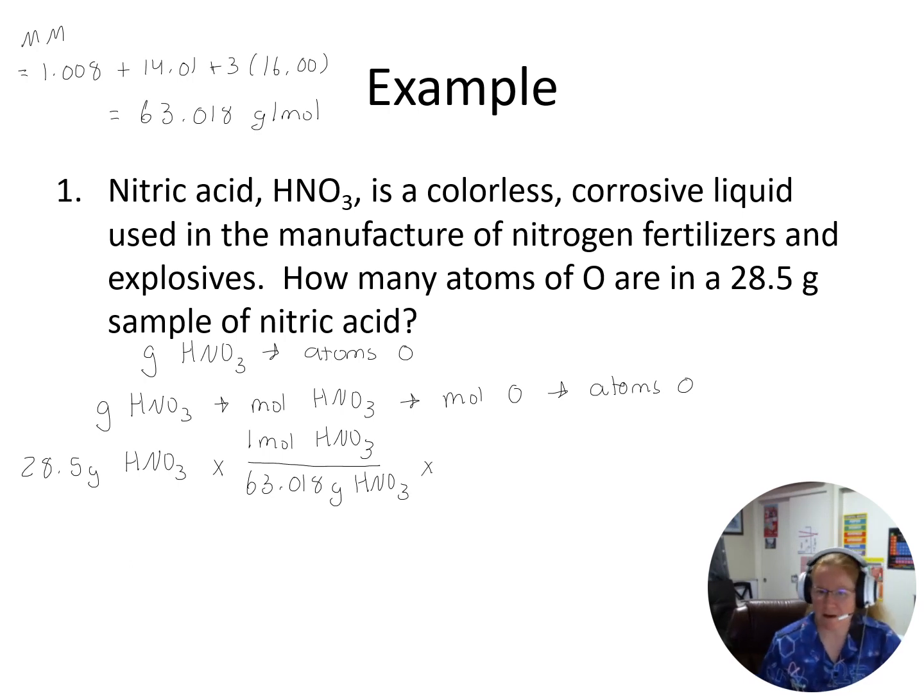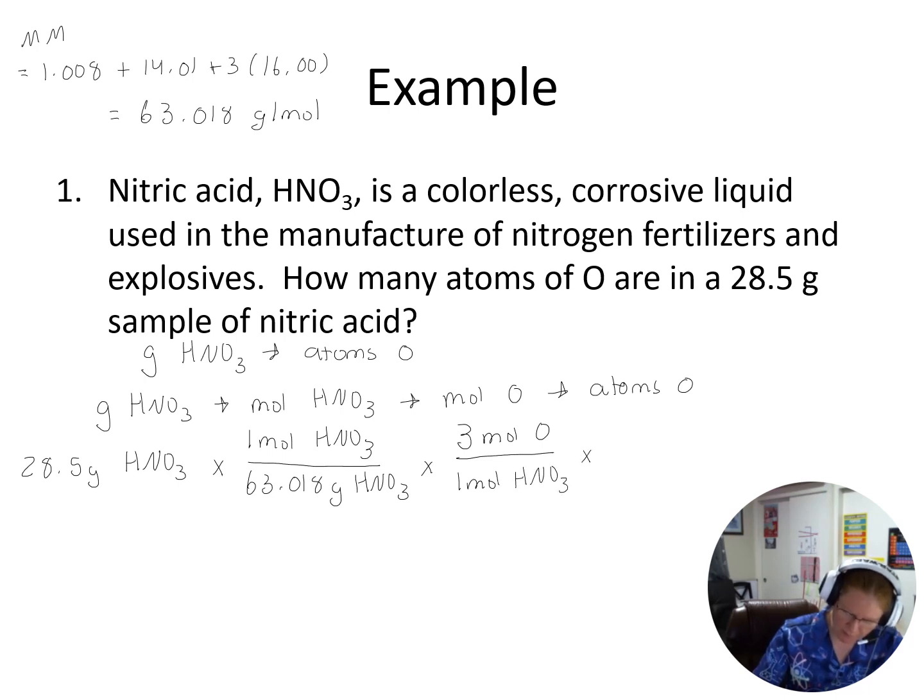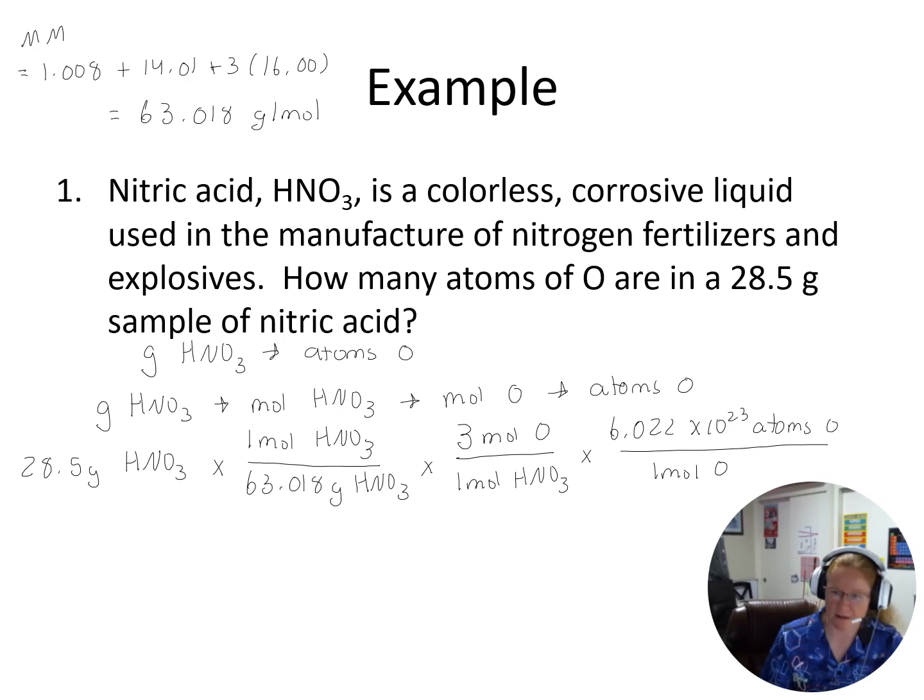Okay, now in my formula I have 3 oxygens, so we say that we have 3 moles of oxygen for every 1 mole of our nitric acid. And then we have our Avogadro's number, where I have 6.022 times 10 to the 23rd atoms of oxygen in every 1 mole of oxygen.